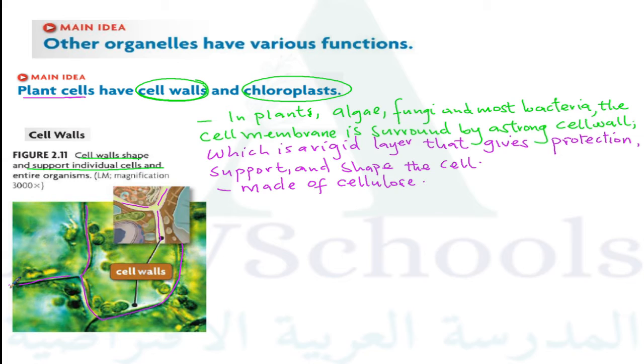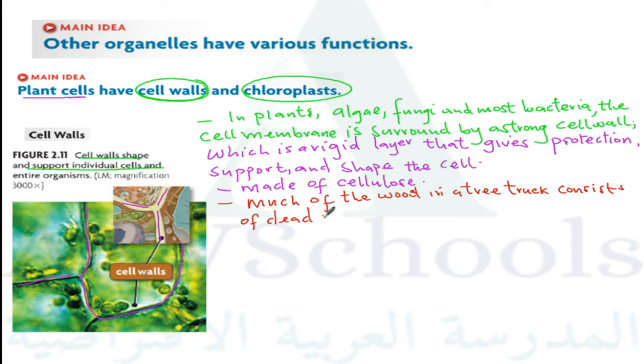For instance, much of the wood in a tree trunk consists of dead cells. When we talk of dead cells, we mean that when these cells die, they are the ones which form the wood in the plants.